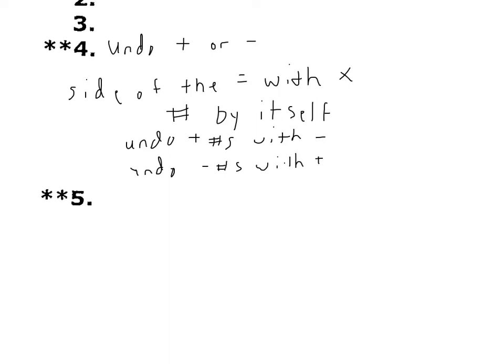So when you're undoing addition or subtraction, look on the side of the equation with x, find that number that's by itself, and undo positive numbers with subtraction and negative numbers with addition. That's your 4th step.